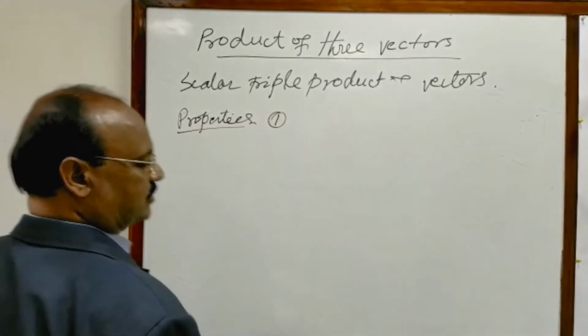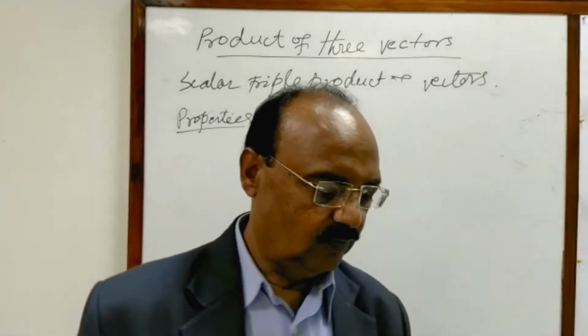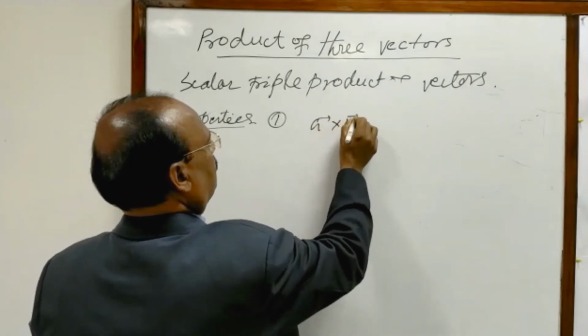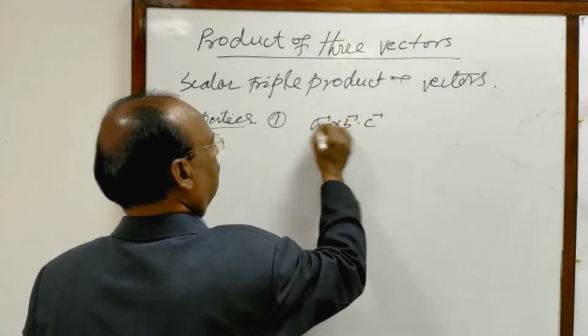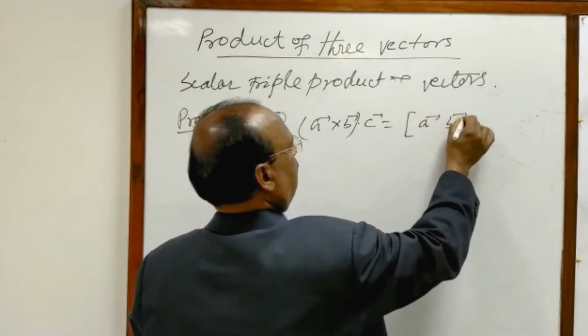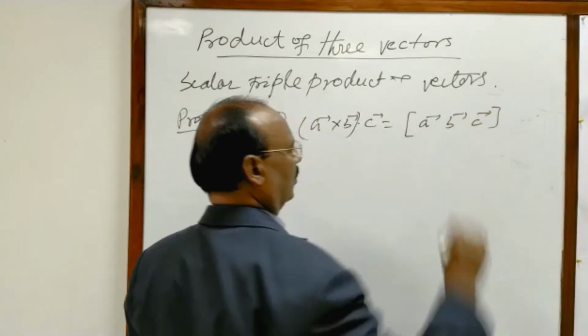Properties. First, as we know, A cross B dot C is denoted by this notation ABC.